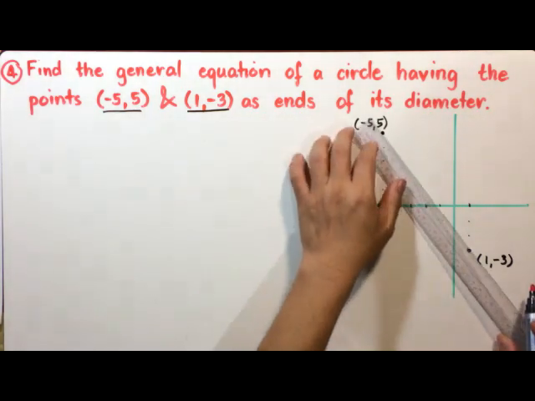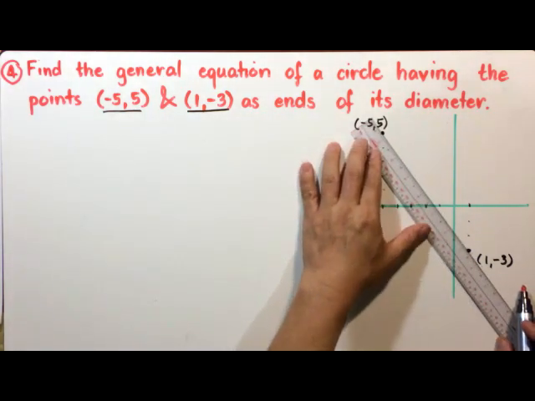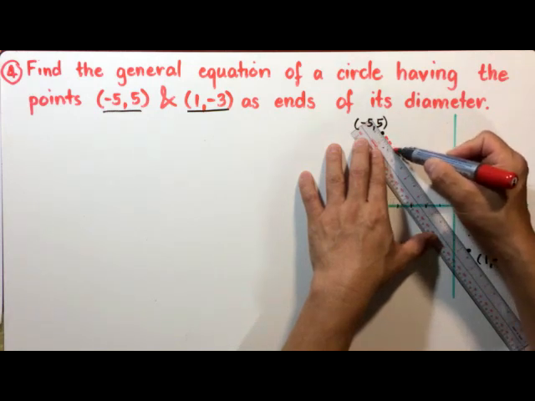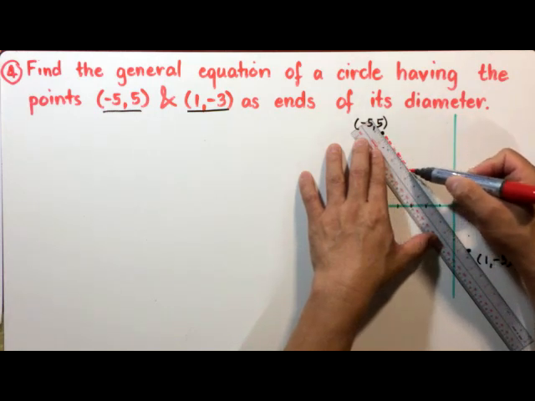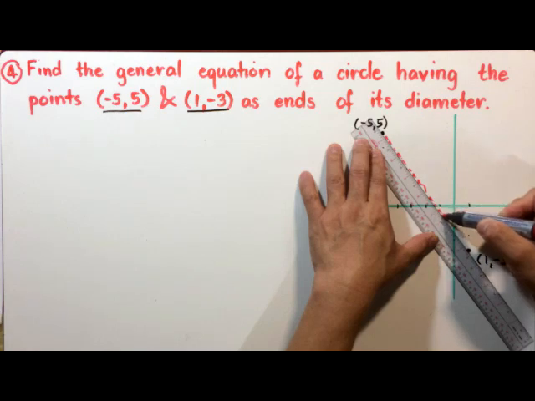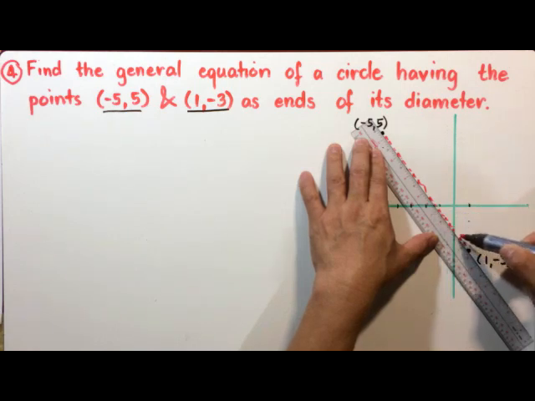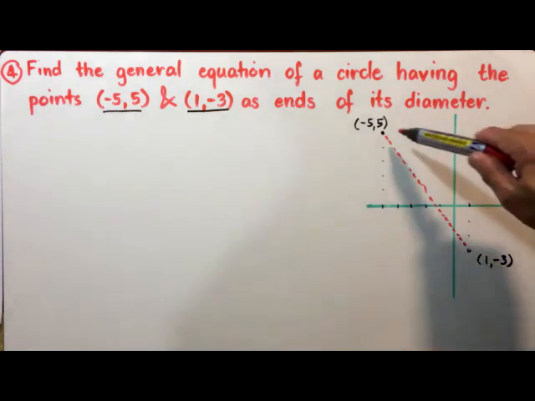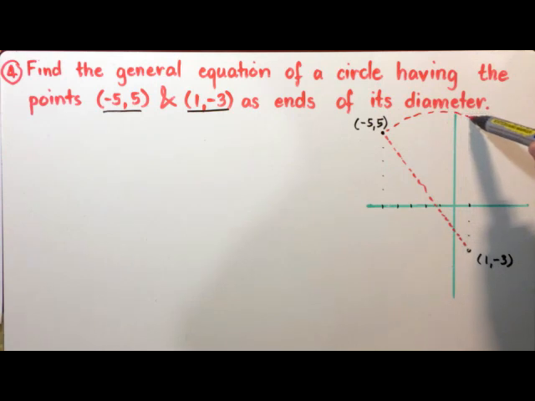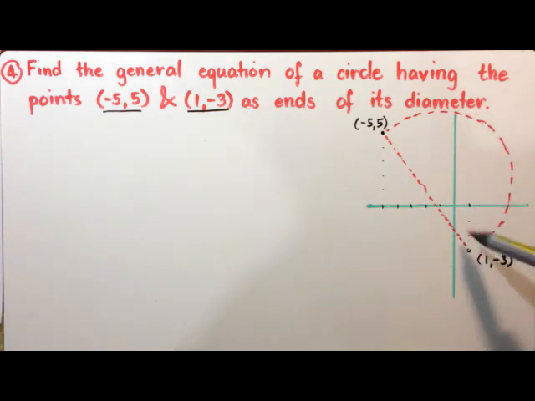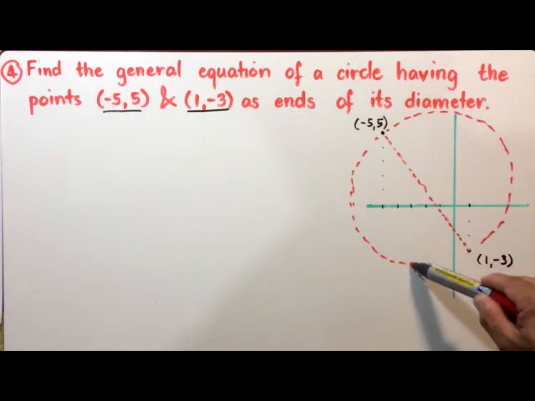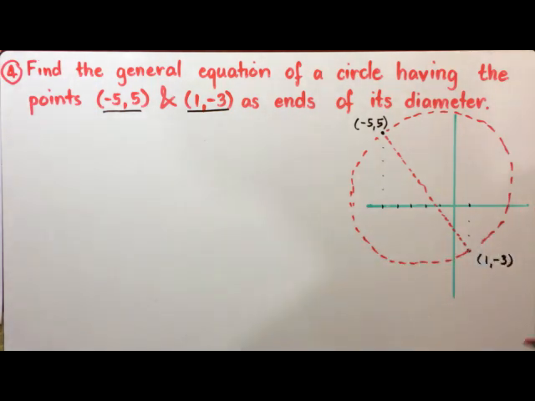So remember that these 2 points are the ends of the diameter of this circle. So if I draw a line segment, a broken line connecting these 2 points, that is the diameter of the circle. So if I may estimate, I think the circle is this one, like that.